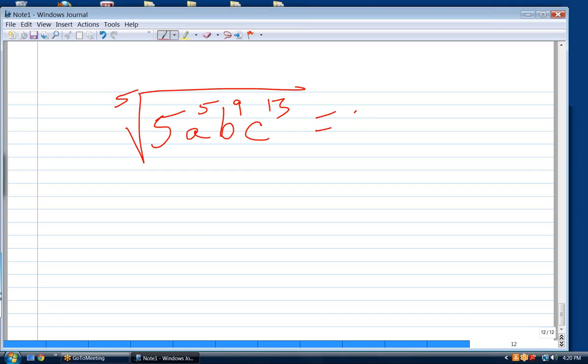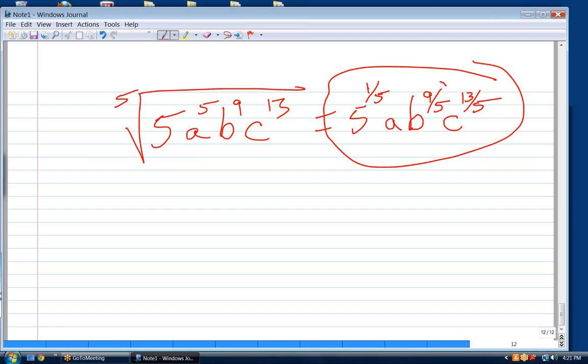Okay, let's go ahead and do it like that. I like doing that and converting everything to fractional exponents and then going from there. And then A, just A. And then B to the 9/5. And then C to 13/5. That's not in simplified form because these can be reduced.